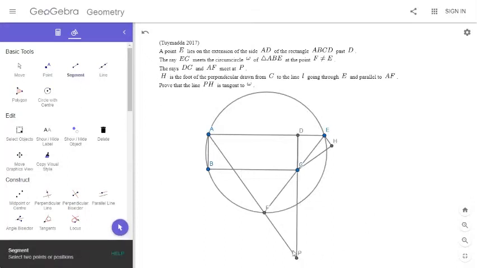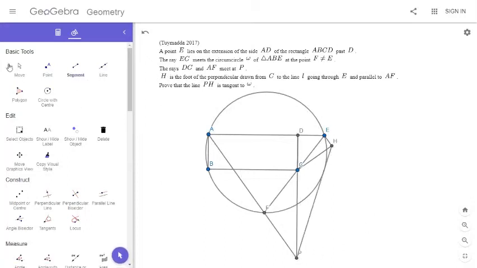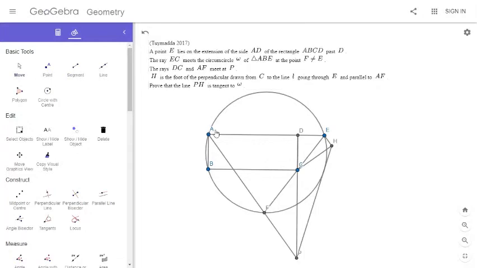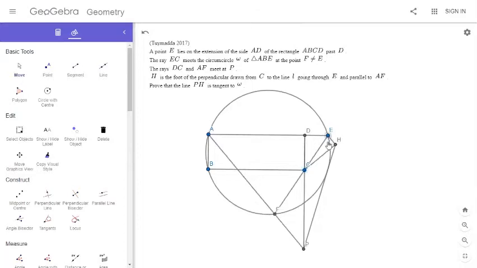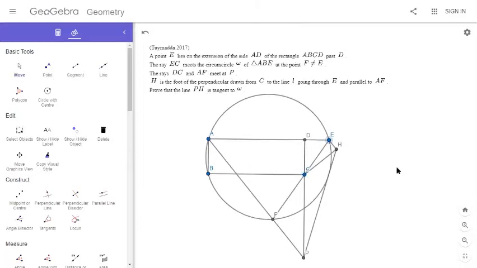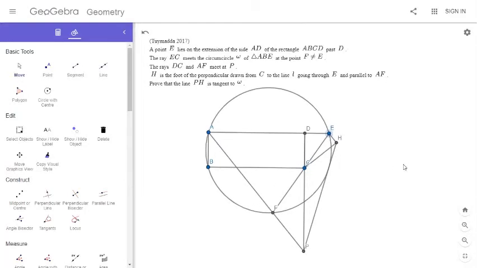We want to show PH is tangent to the circle. So we don't know yet that PH is tangent. We want to show it. All right. Okay. What's a good strategy here?